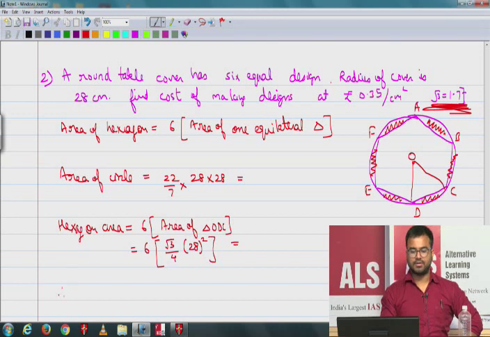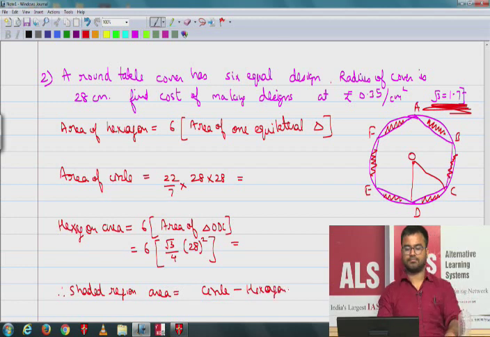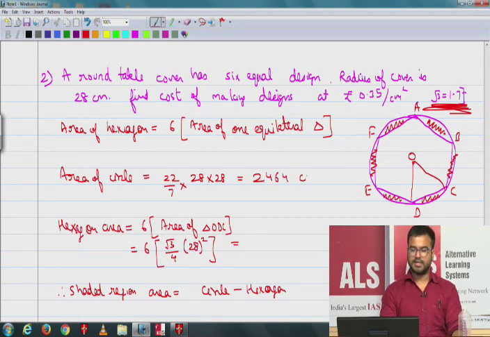Therefore, shaded region area would be circle minus hexagon. If you calculate, this will be equal to 2464 centimeter square.